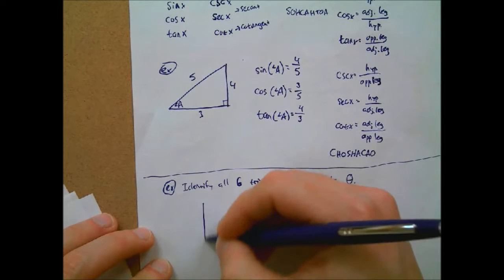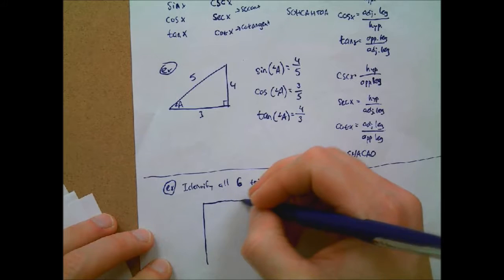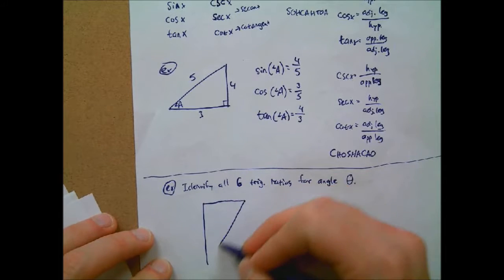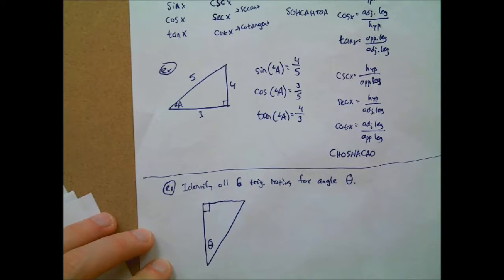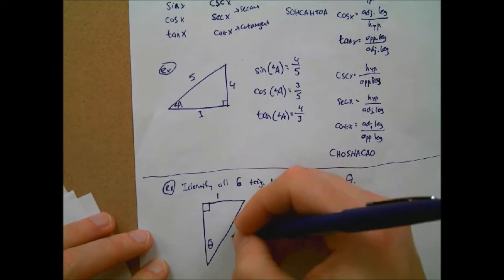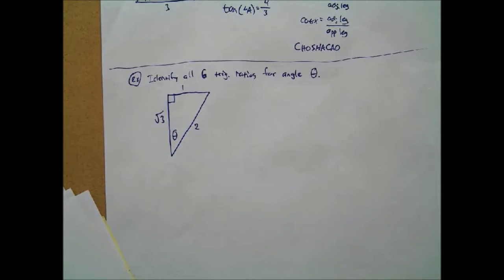Why theta? I don't know. That just happens to be the Greek letter that we typically use when we're describing a generic angle. So there you go. I placed theta in there. All right. So we're going to set up the ratios for all 6 trig functions here: sine, cosine, tangent, cosecant, secant, and cotangent.